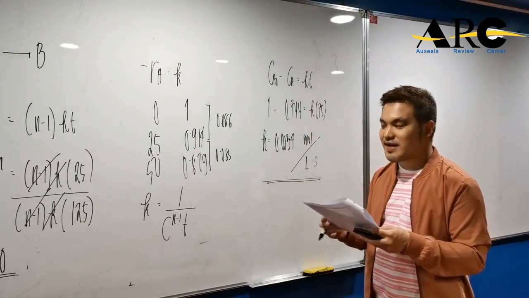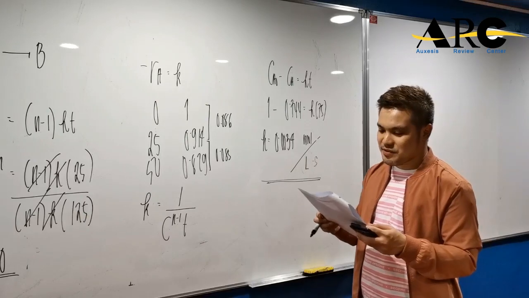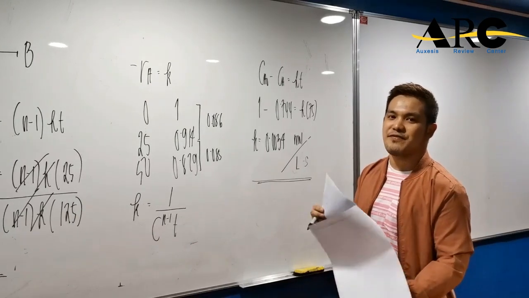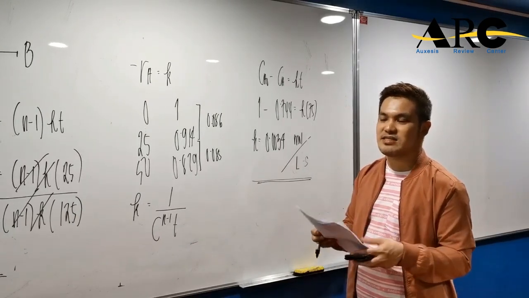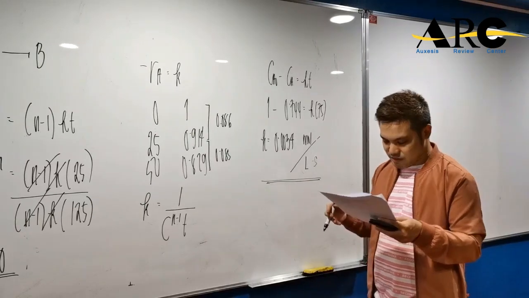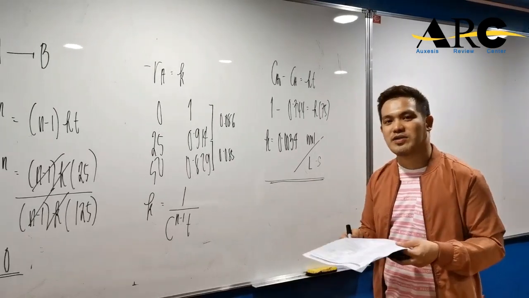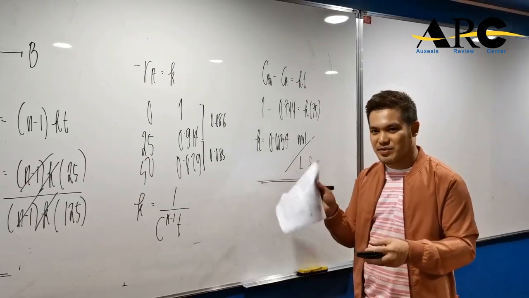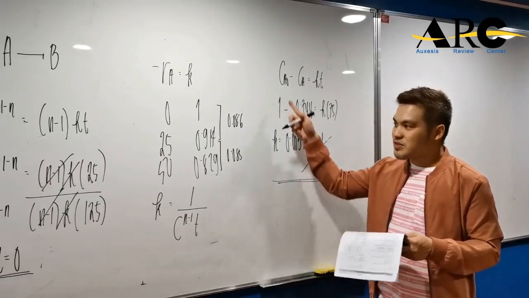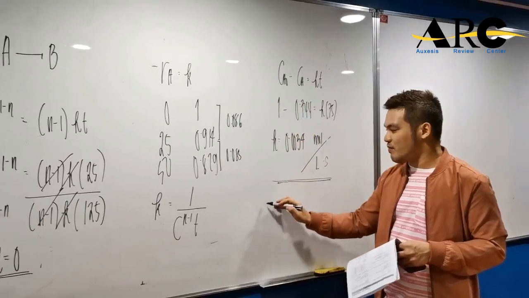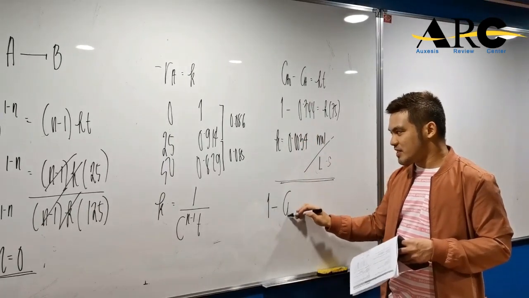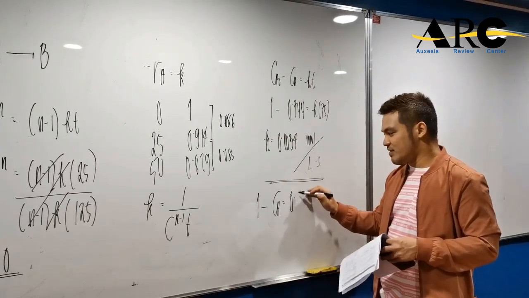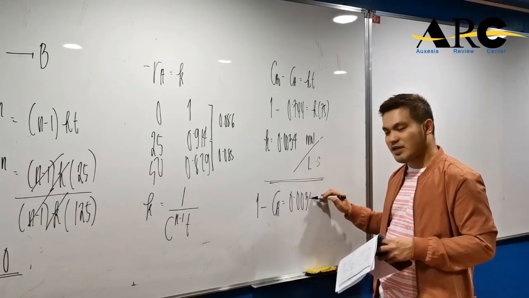Naiintindihan ba? Next na tinatanong, ano daw yung concentration after ng 200 seconds? Nakita naman natin, kapag 150 daw, ang concentration is 0.488. Ibig sabihin, mas mababa pa dun yung makukuha natin. So, substitute natin. We have 1 minus CA. Na-solve na natin yung K, 0.0034.